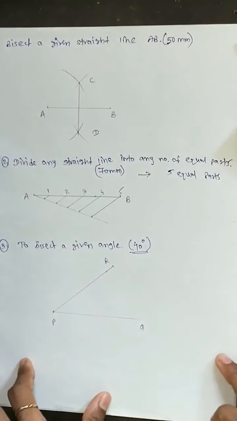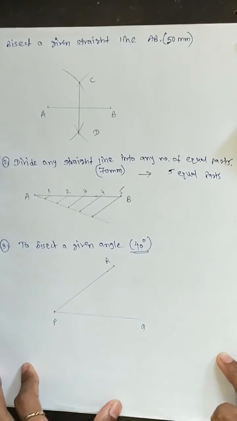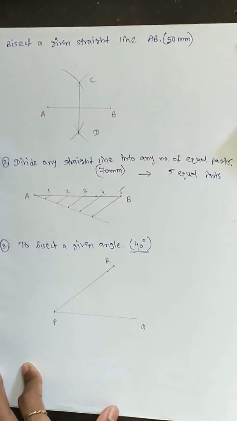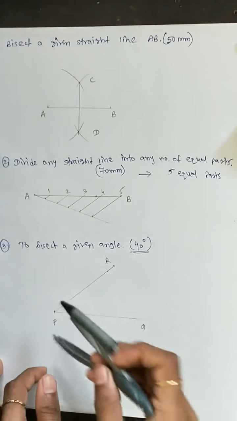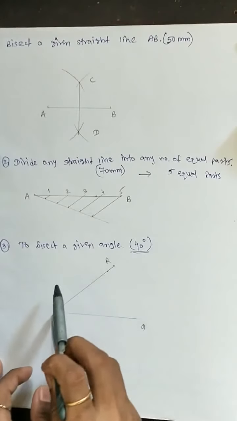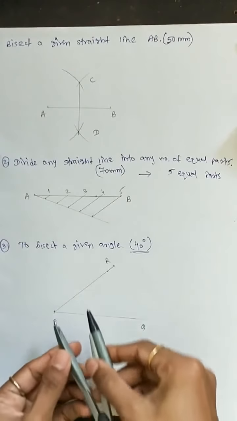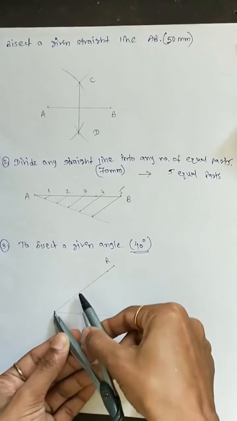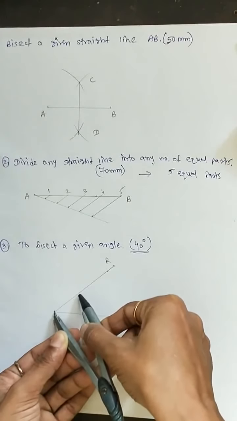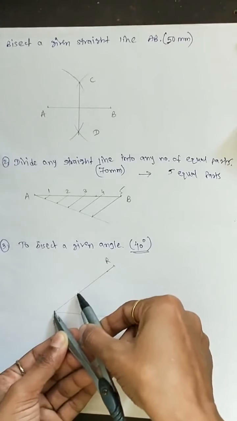Now we have to bisect this angle. So take any radius in your rounder. Suppose I will take this distance.